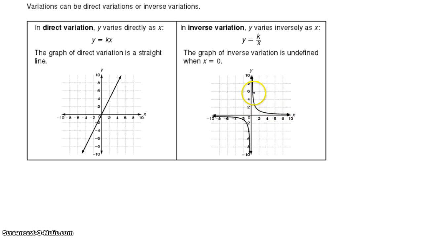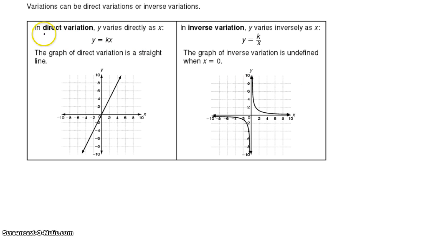You notice that they're getting really close to that y-axis where x equals 0, but it's not going to get there. And that reason is, can we have x equal to 0 in our denominator? No, we can't, right? We don't know how many times 0 divides into a number. So your inverse variation will give you a graph that looks like this.